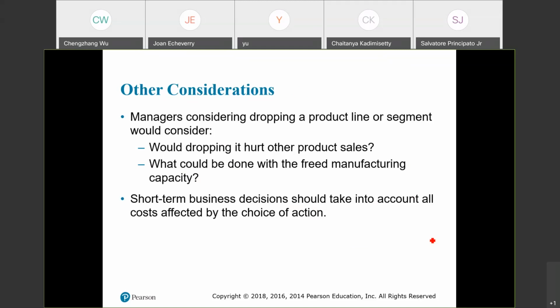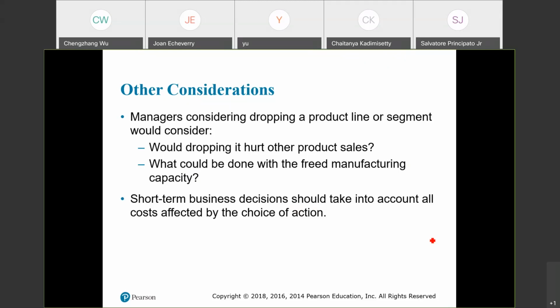But think about another case, for example, in a grocery store. Even if the produce department is not profitable, would the managers drop it? Probably not, because if they did, they would lose customers who want one-stop shopping.